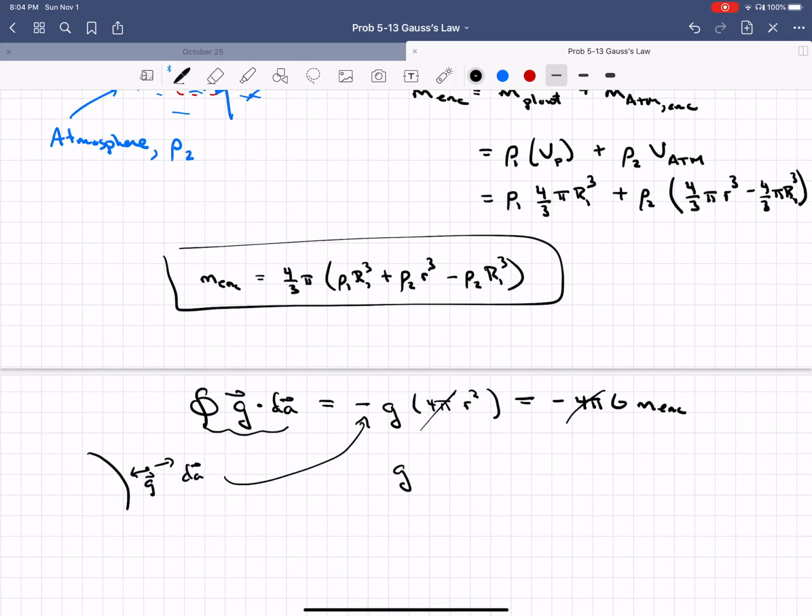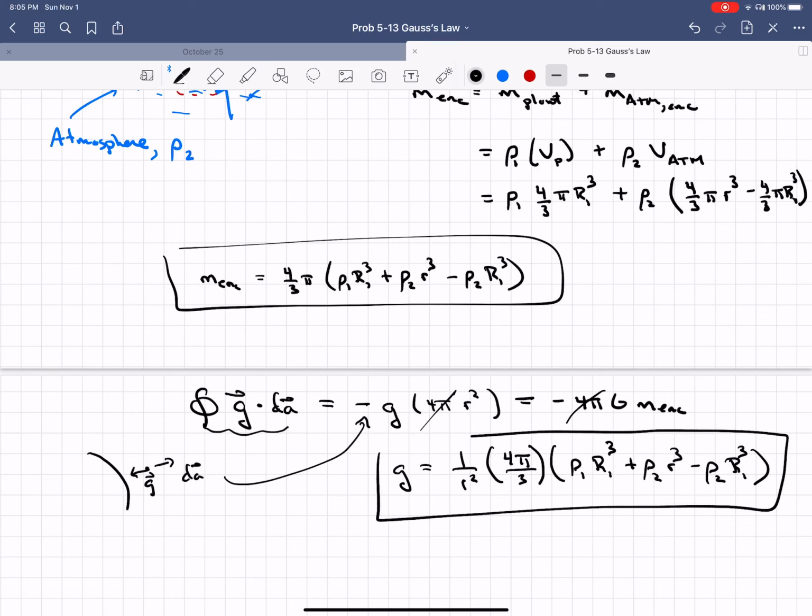So I have G is equal to 1 over r squared times 4 pi over 3 times rho 1 r1 cubed plus rho 2 times r cubed minus rho 2 times r1 cubed. So there is my expression for the G. And then, of course, the force would just be the mass of whatever my ship is times that G.